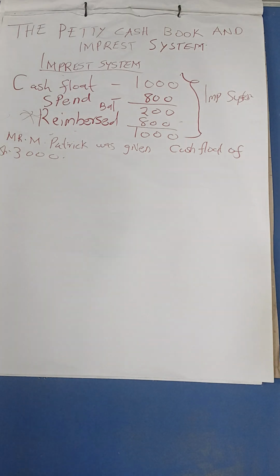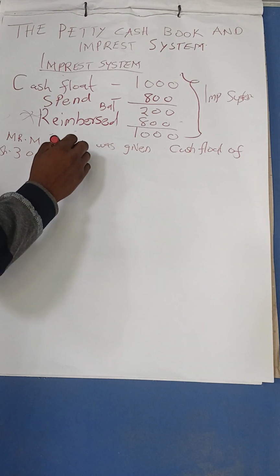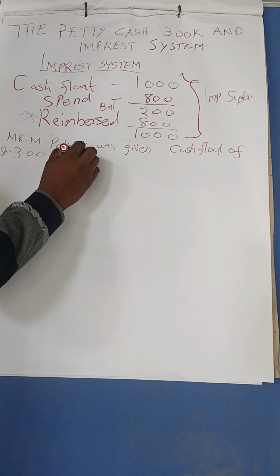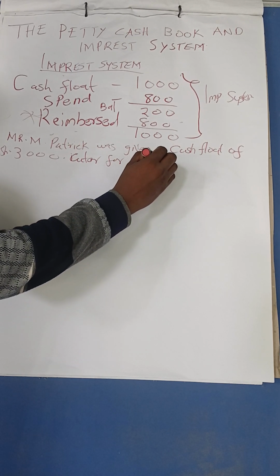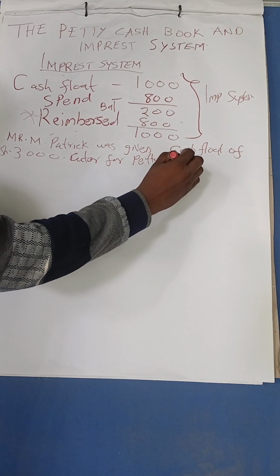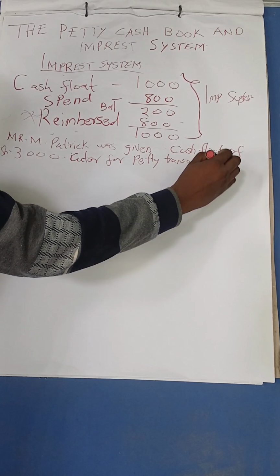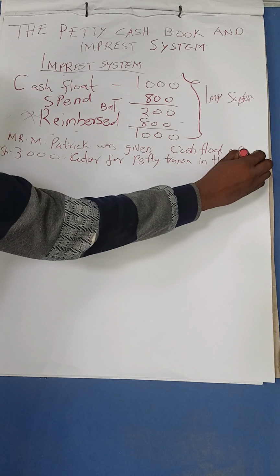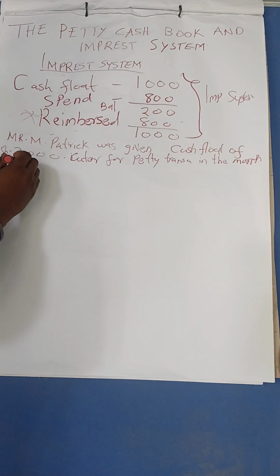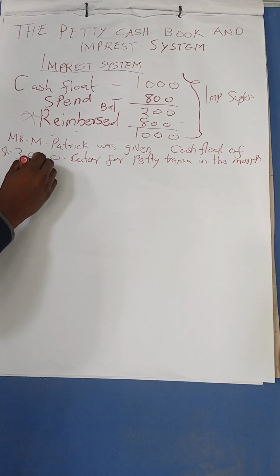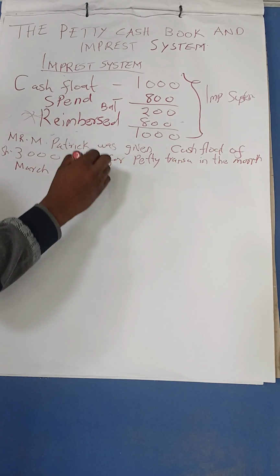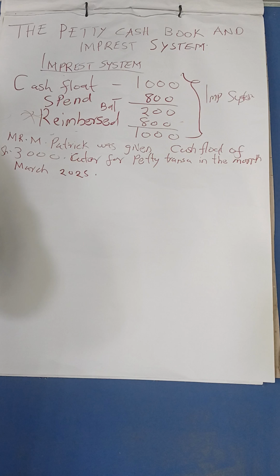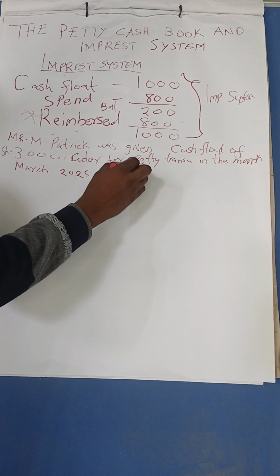So the transactions that the petty cashier was to cater for are in the month of, let's say, March, the last month, March 2025, as shown below.